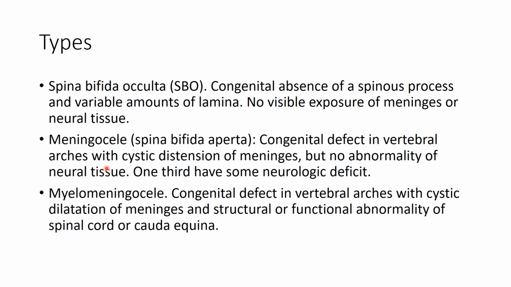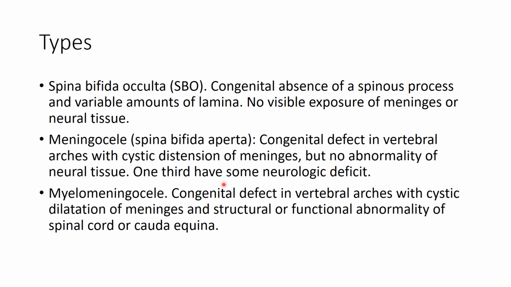Now, meningocele and myelomeningocele. These conditions are not occulta, they are aperta. So these are obvious. You can see them. The meningocele is a congenital defect in the vertebral arches, the posterior arch, the spinous process, the lamina, and the overlying skin and fat tissue, with cystic distension of the meninges, but with no abnormality in the neural tissue.